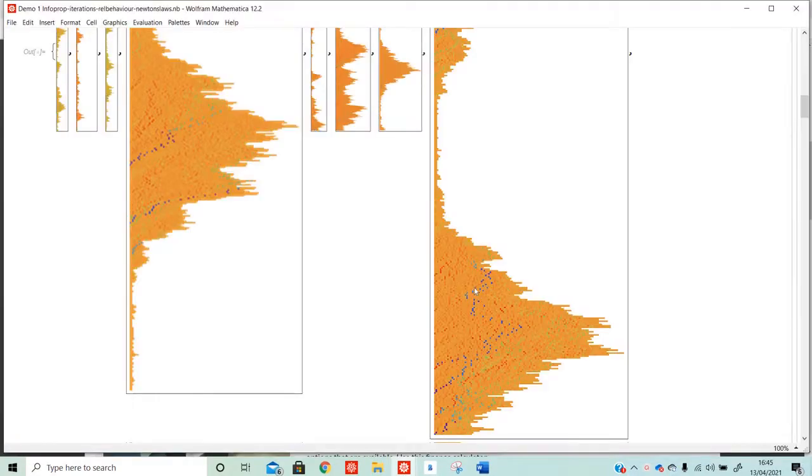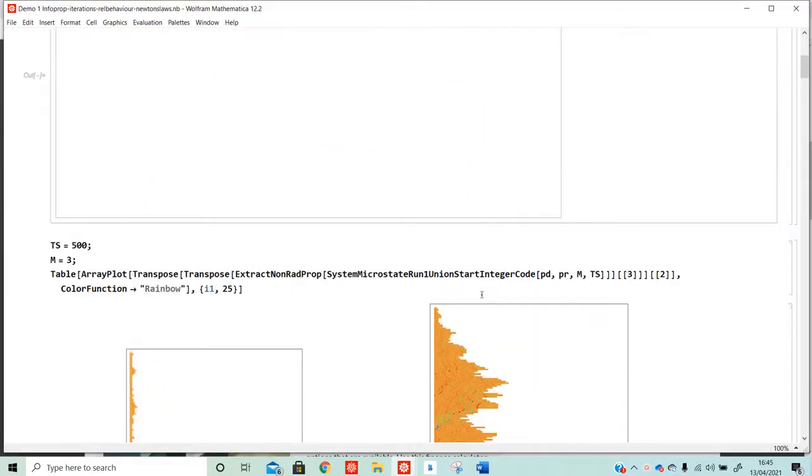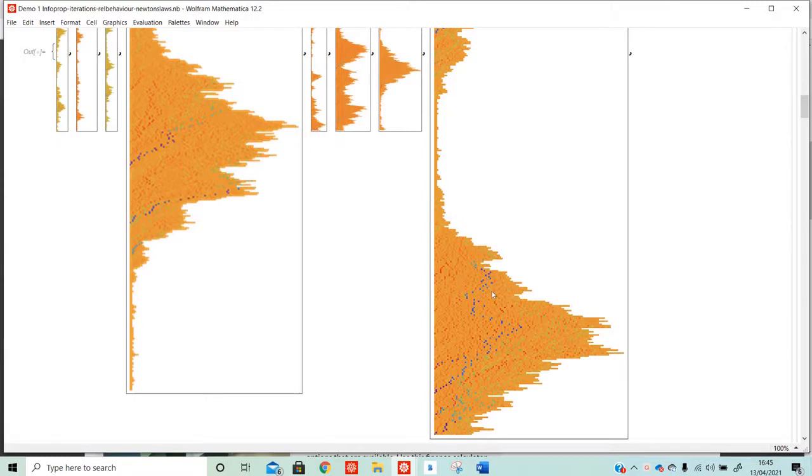Actually. Okay, so you probably remember seeing this from an earlier video. This is the evolution of a single microstate path of one interaction edge. So this is happening between every point particle in this system. It's important to note that in the experiments that I've been doing to test the constancy of the speed of light in all inertial reference frames, I've not been doing splitting or merging, and so as a result there's just one interaction edge between every point particle.